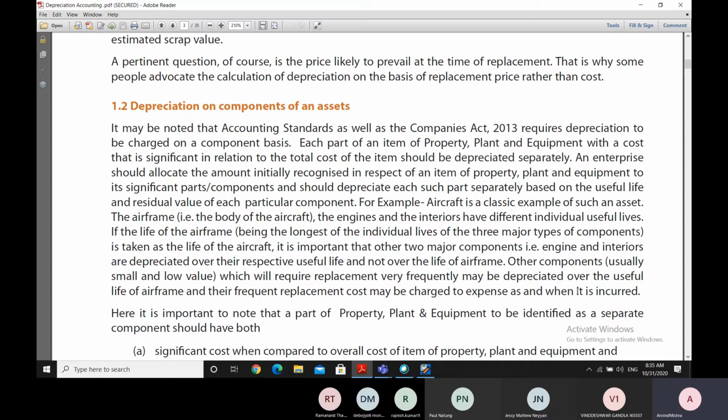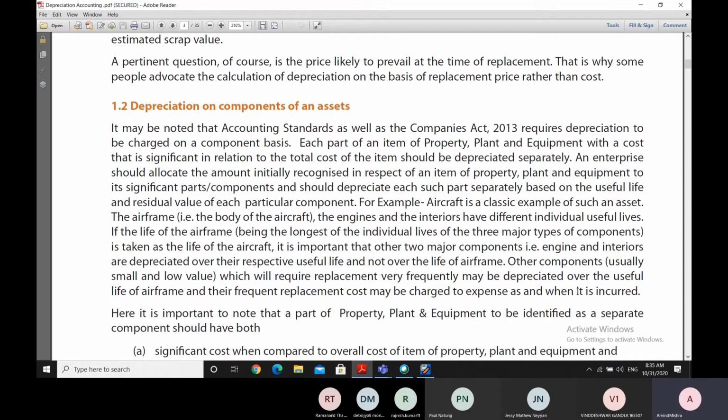So what is done is that when we buy very small components of low value, we just charge it to expense straight away, and do not calculate the useful life of those small components.